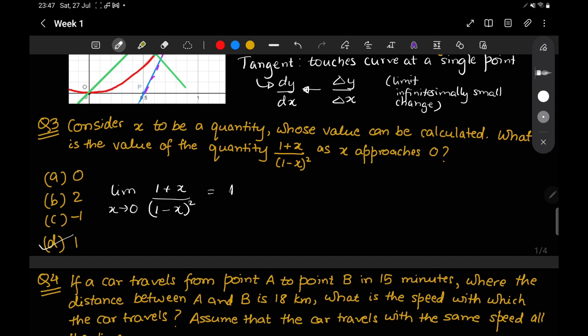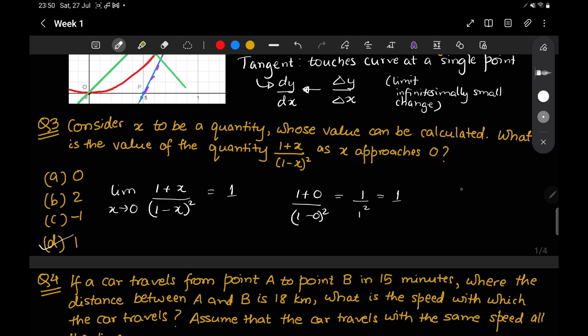This is clearly 1, because when you plug in 0, you get 1 plus 0 over 1 minus 0 whole squared, which is 1 over 1 squared, which is just 1.